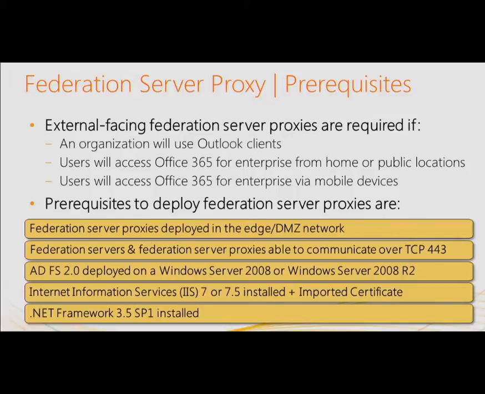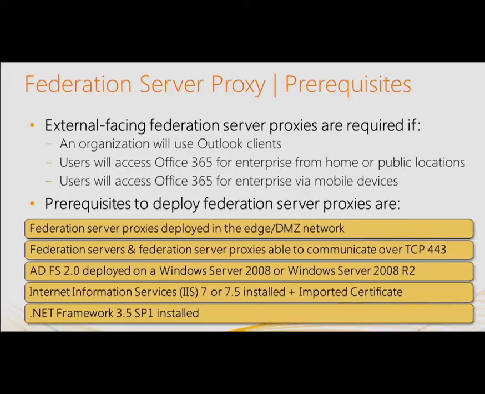If we are using a rich client, we will need to deploy the ADFS server proxy. If an end user needs to access Office 365 from home or a public location, as we said many times, or for example, if they need to access Office 365 using mobile devices. Makes sense, again.